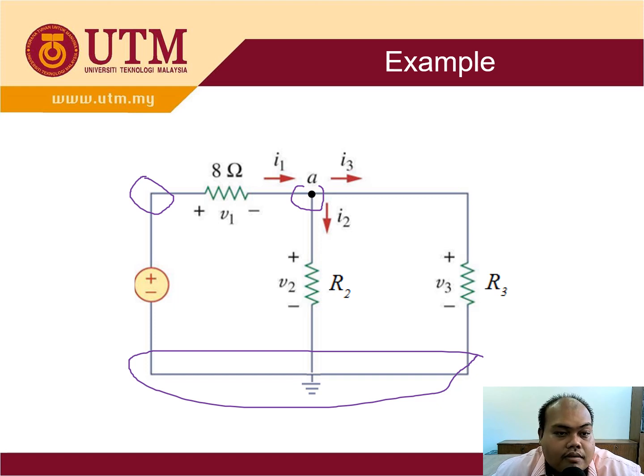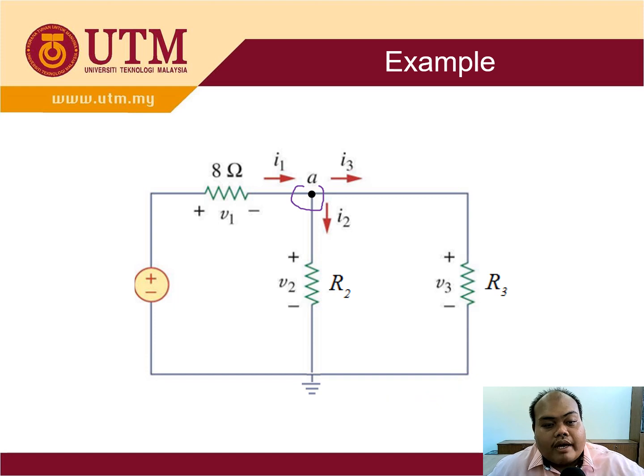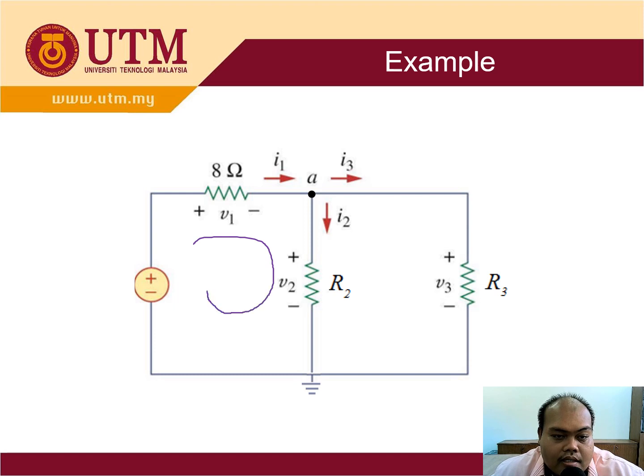Now we look at loop or mesh. Loop or mesh is basically the same thing. A loop or mesh is basically one complete circle. As you can see here, this is one loop or mesh, and this is 2 loops, 1 and 2.